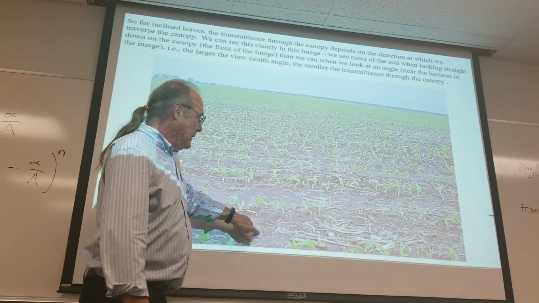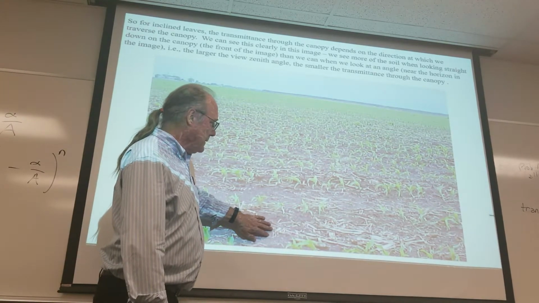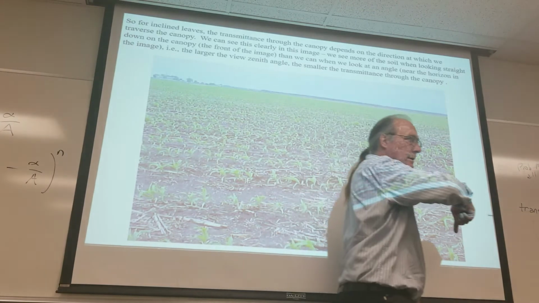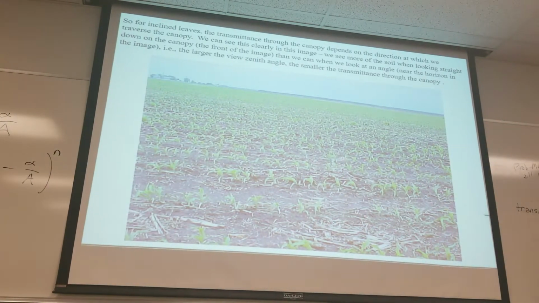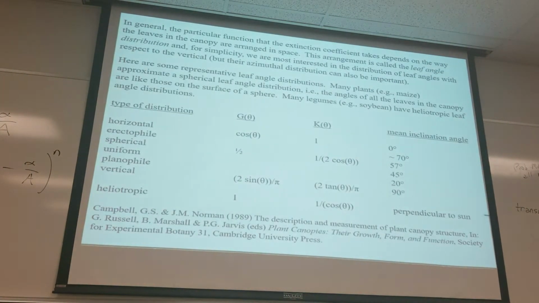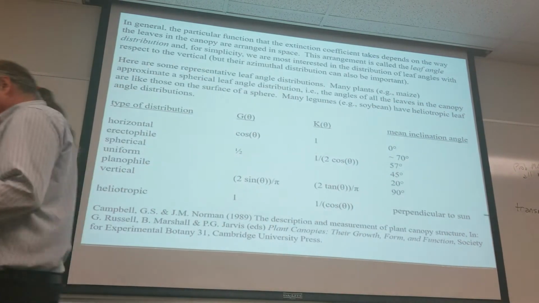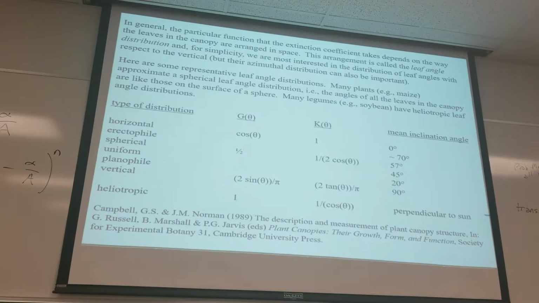So here, large transmittance, here small. So it depends on that angle that you look, or the sun is shining through the canopy. All right. We have to deal then with this extinction coefficient.